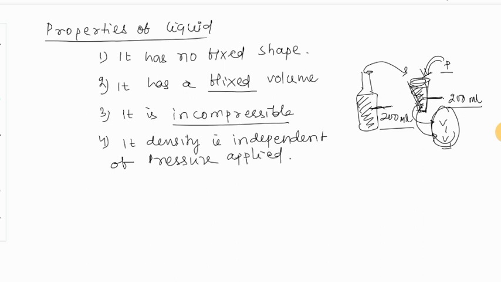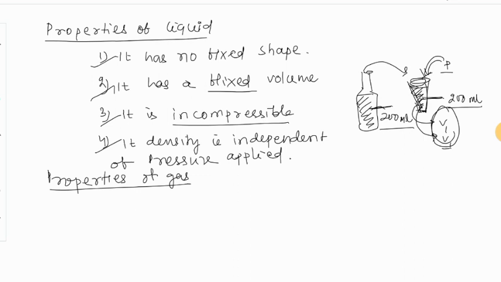These are the properties of liquid. Though liquid has some other properties also, the properties we are going to discuss at this point of the chapter are these four properties. Some more are also there, but we will discuss them later on.